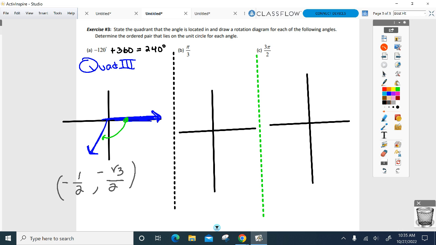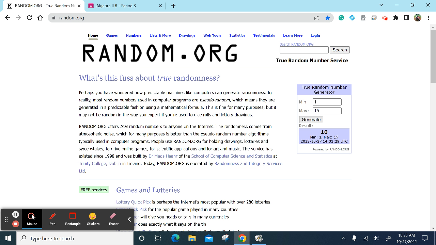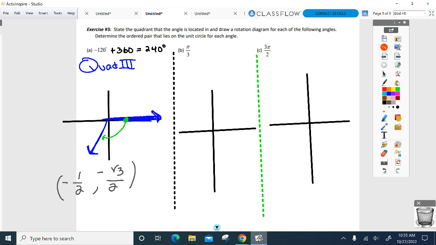We okay? All right. B, pi over 3. If you need the time to convert, we talked earlier today, pi over 3 is what in degrees? 60. I won't even ask what quadrant we're in. We know we're in quad 1.